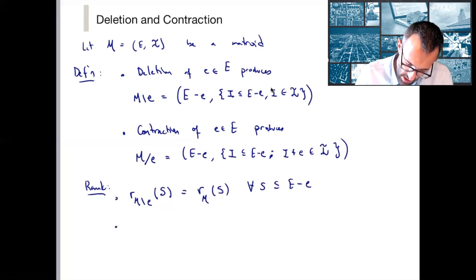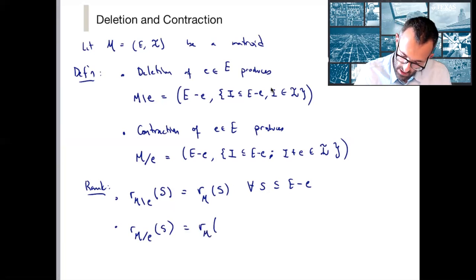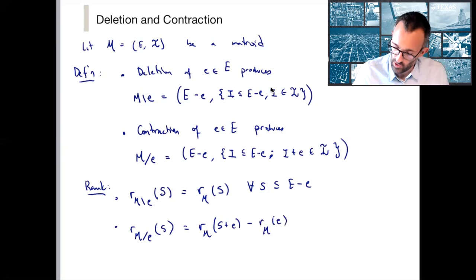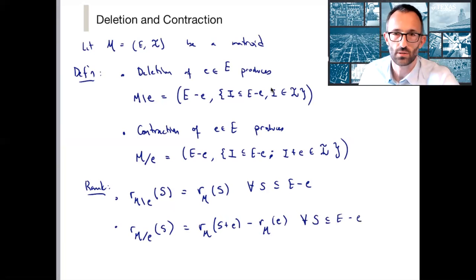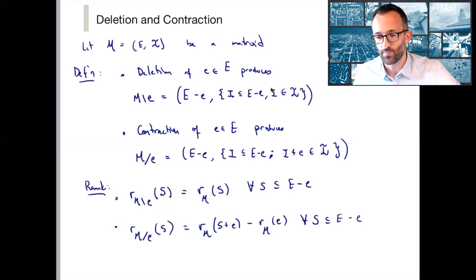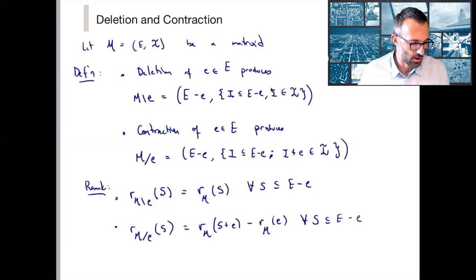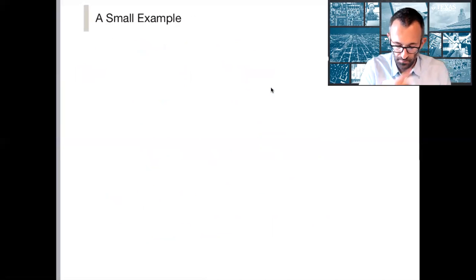And for the contraction, the rank function is going to be the rank in the original matroid of S plus e minus the rank of the single element e, for every subset S of E minus e. So let's see a small example just to see that in fact these are different.